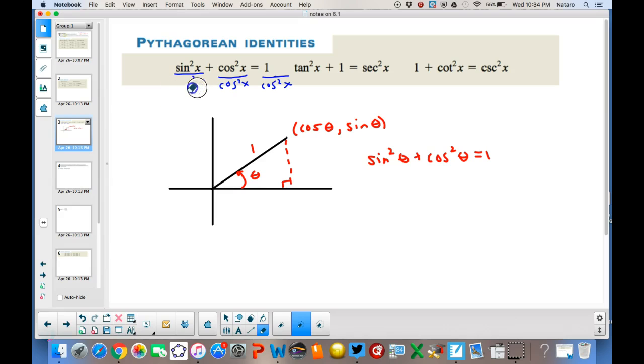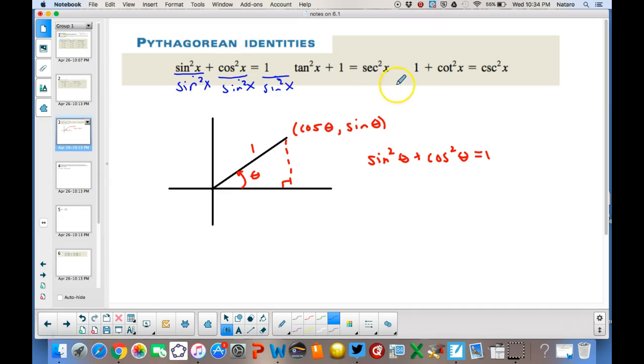Well, how do we get our third Pythagorean identity? How do we get the identity that's over here on the right? Well, instead of dividing by cosine, let's actually divide everything by sine squared of x, and see what happens. Well, if I divide everything by sine squared of x, notice that my first term is sine squared of x over sine squared of x, which is 1.